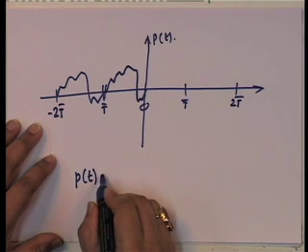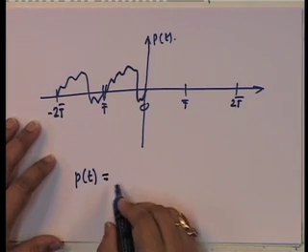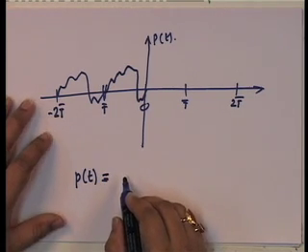The load P of t actually can be written in a Fourier series.